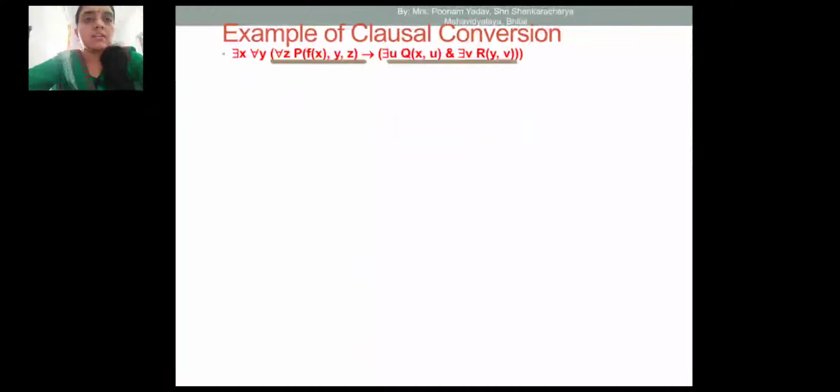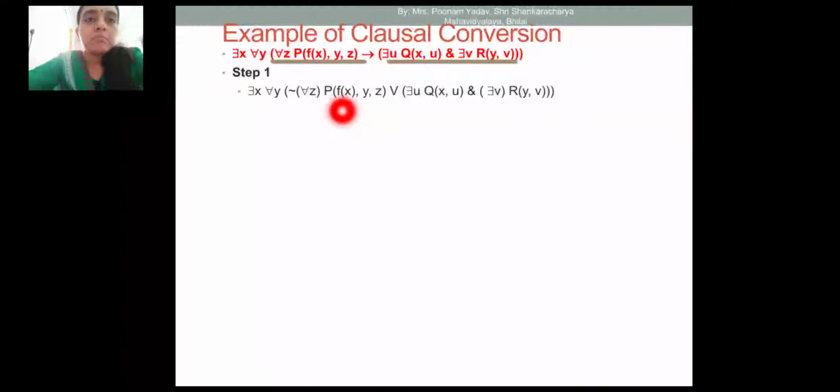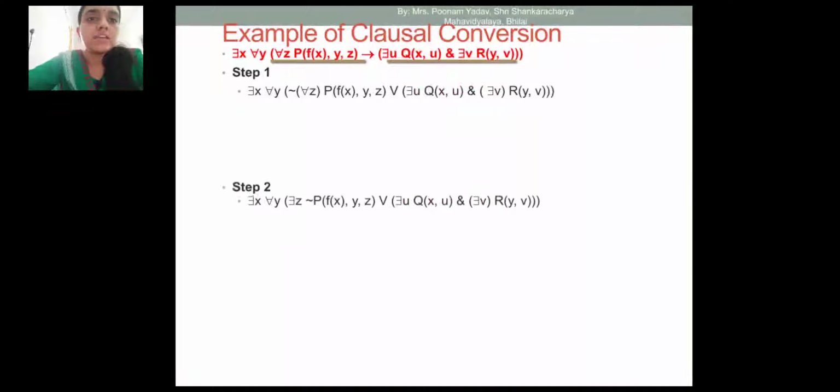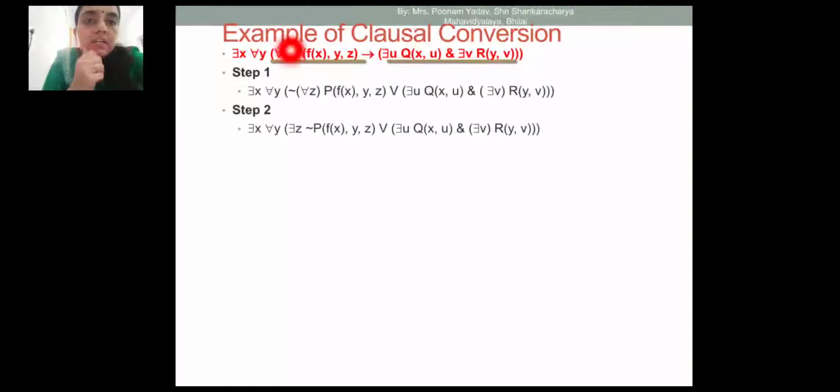We will see this example. In step 1, we remove the implication. Then we get negation of this, or this, so overall negation of for all z p(f(x,y),z), or this whole portion. Now in the next step we remove the negation, so for all becomes there exists, and p becomes not p.